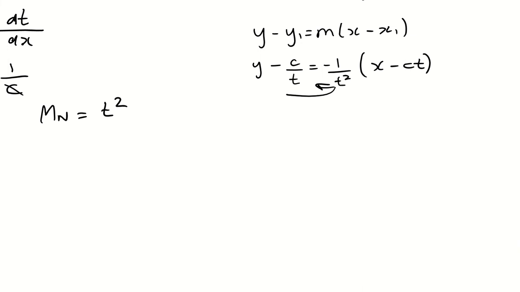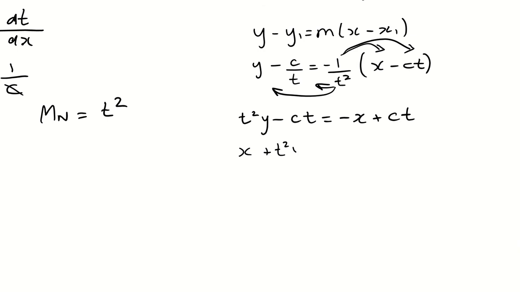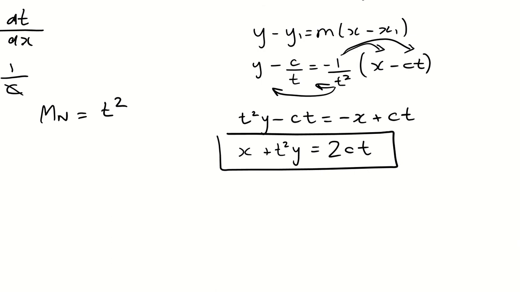Again, times my t squared over and expand out my negative 1. I'm going to have t squared y minus ct equals negative x plus ct. Clean this up a bit, I'm going to have x plus t squared y is equal to 2ct. And there is the equation of my tangent in parametric form of my rectangular hyperbola.